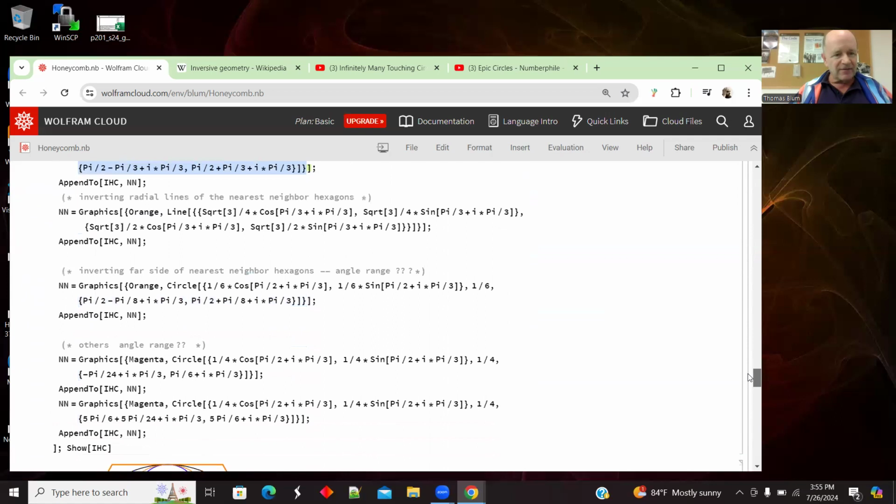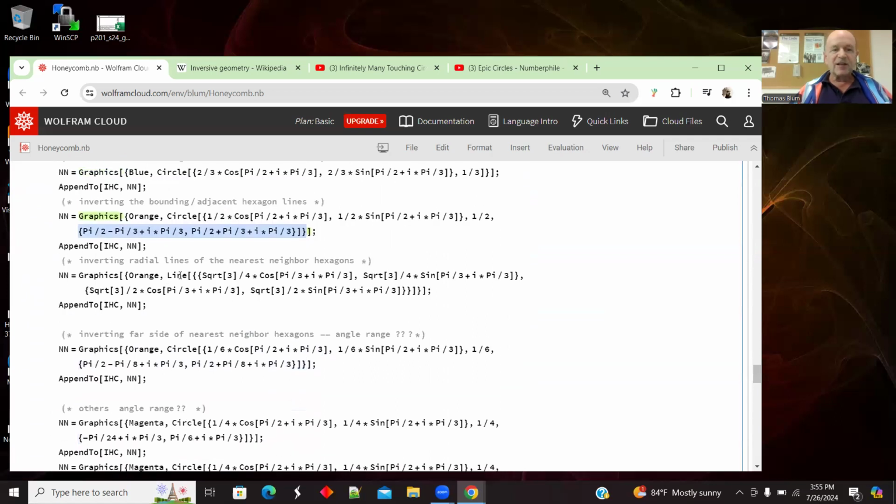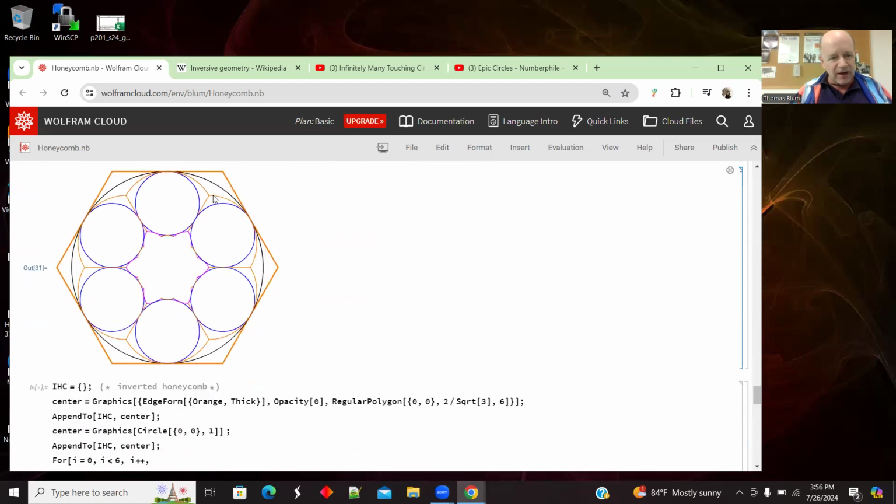Right now I'm mapping lines, and lines map to circles, but radial lines are circles with an infinite radius that map onto other circles with infinite radius. So they map onto lines. So here are these radial lines, and that is these lines here.